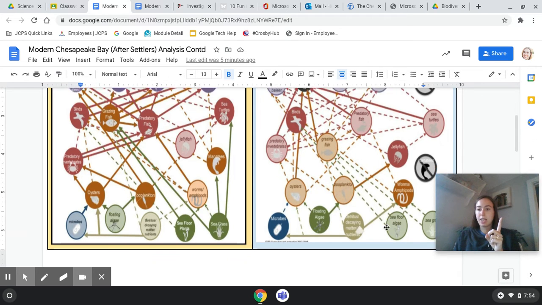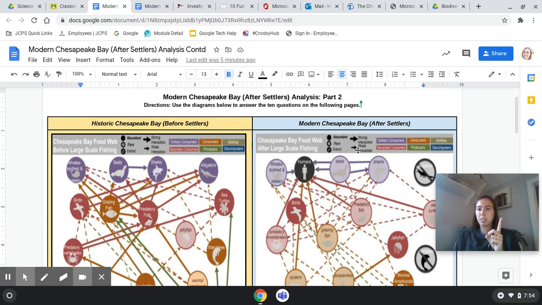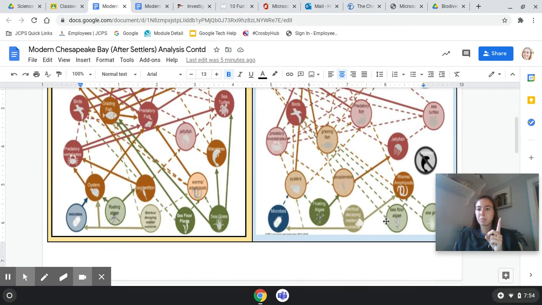I see it's a dotted line, and my key tells me if it is a dotted line, it is a weak interaction. I see another arrow leaving seafloor plants and going up to grazing fish. So that's two weak interactions. And then I see another arrow going from seafloor plants up, up, up to worms. And that is also weak because that is a dotted arrow.